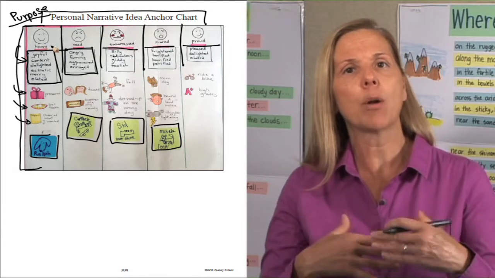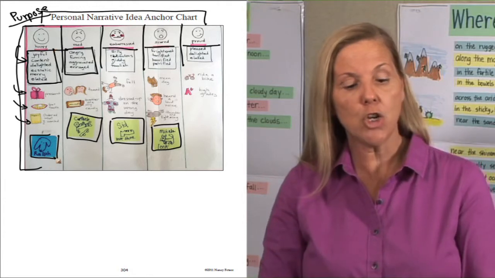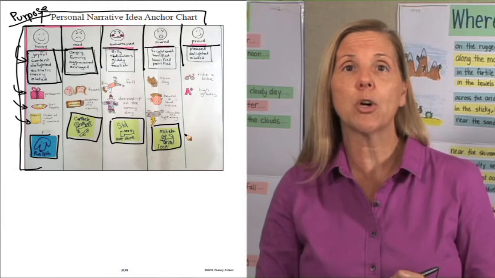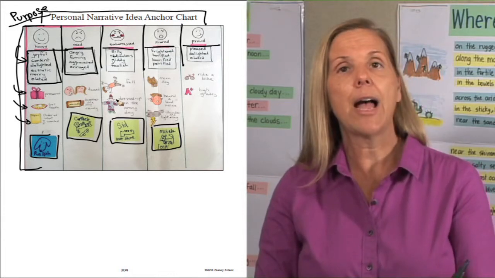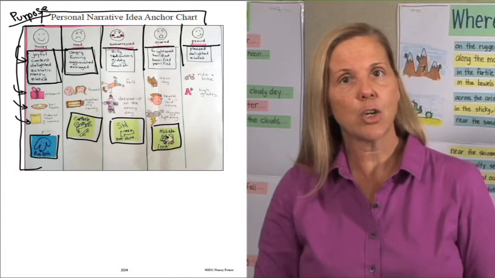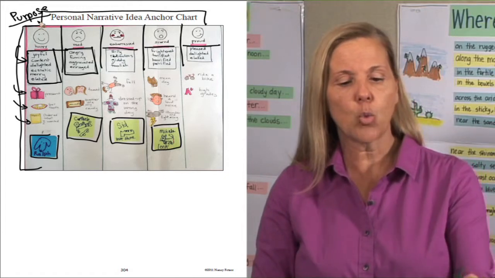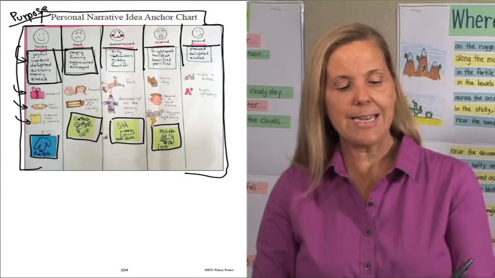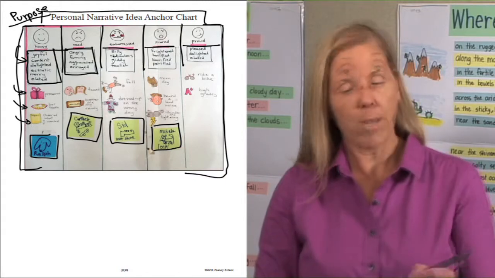And when we are having our personal narrative lessons, we can use one of your stories. Or later, when you're writing your own personal narratives, you can find that up on the chart and use that to write your own story. So this is a great way to build personal narratives and different ideas, not only from yourself, but also from the students.